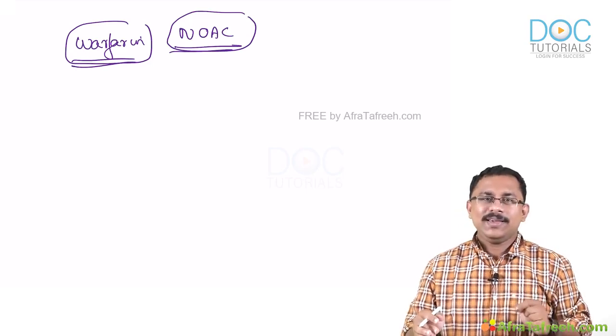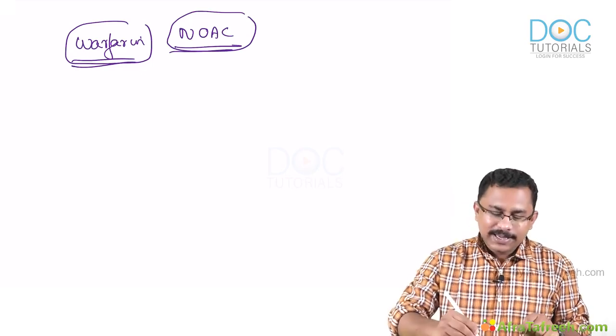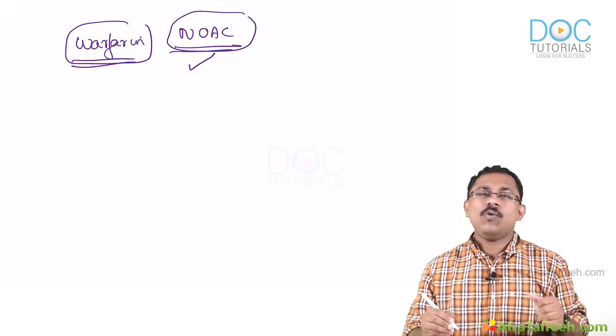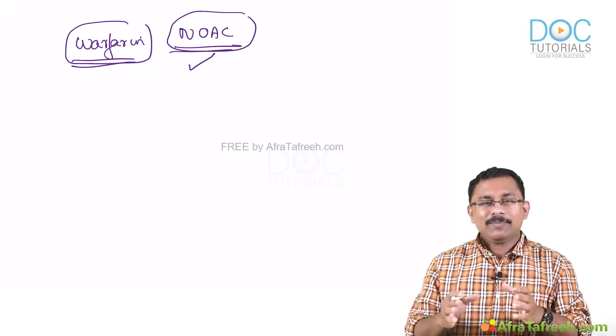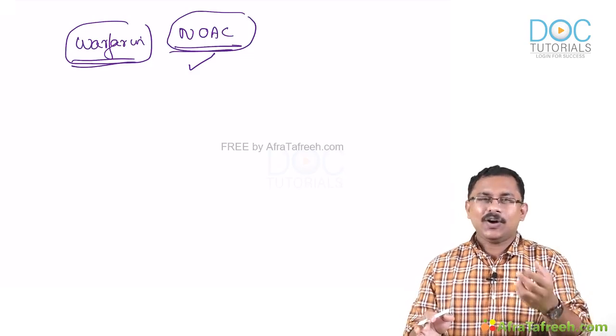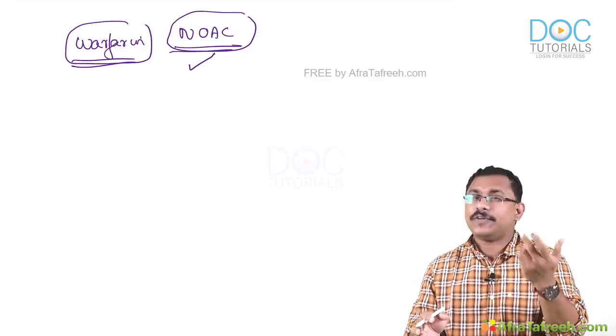But if you ask me, among warfarin and the NOACs, what is preferred? It is the NOACs that are preferred. The guideline prefers NOACs over warfarin in the treatment of pulmonary embolism. Remember, the purpose of adding anticoagulation is not to lyse the clot, it is to prevent further clot extension or another clot from forming.